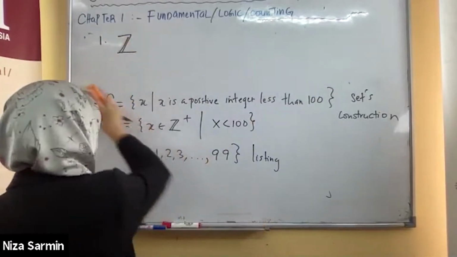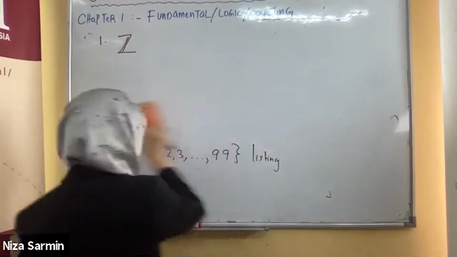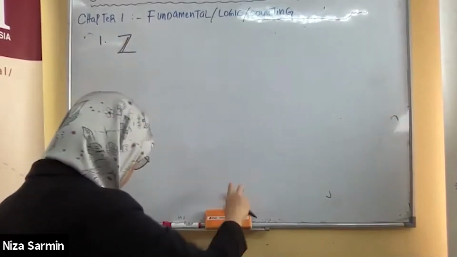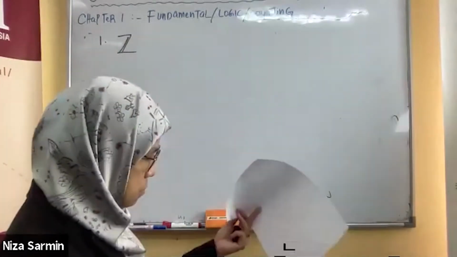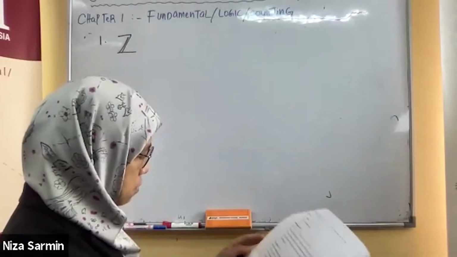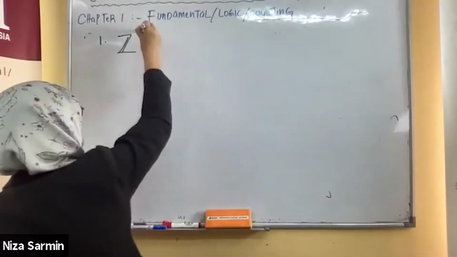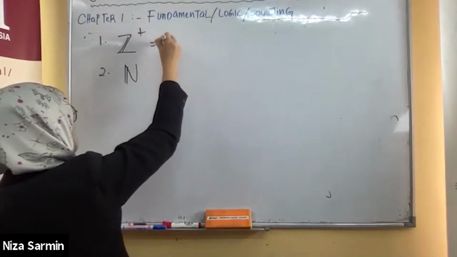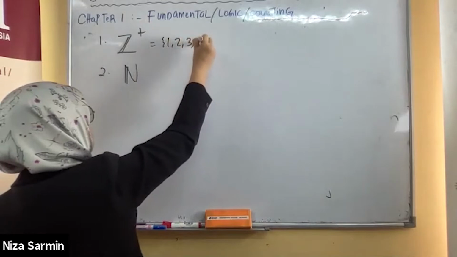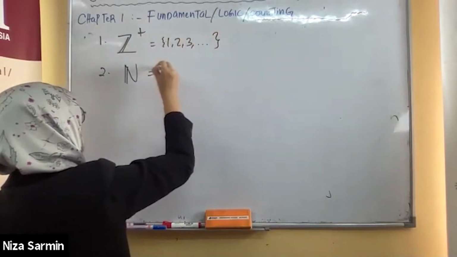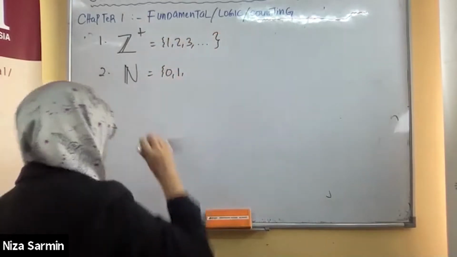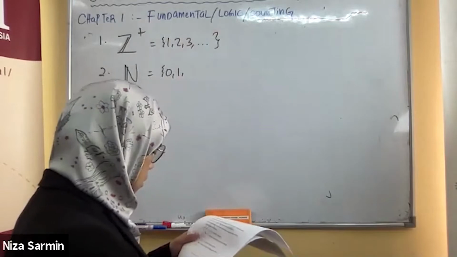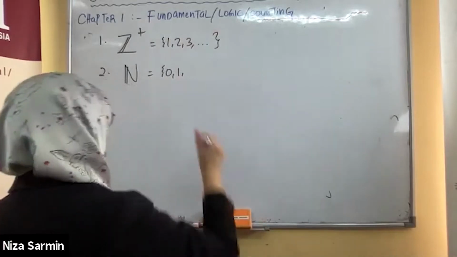Z. Maybe some of them are not in my notes, but these are the things that, oh, it is. We can start with Z plus, yeah? Positive integer. And so this starts 1, 2, 3, ... This starts from 0. Wait. Yeah. Nonnegative, or positive with 0.